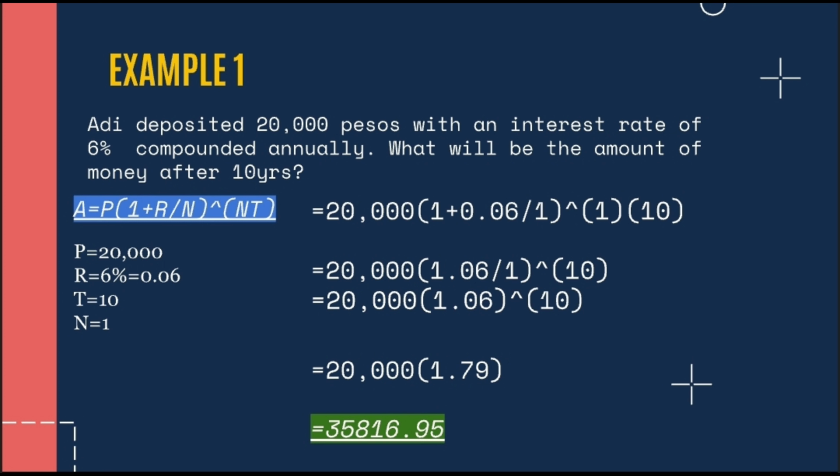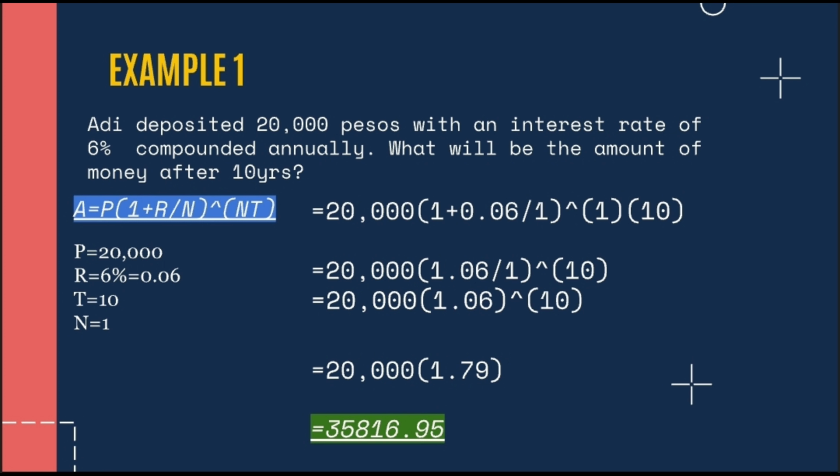Now that we know the given, let's try to solve it. Firstly, multiply the exponents, which is 1 and 10. After getting the result, add 1 to 0.06. After adding, divide 1.06 over 1, then solve 1.06 raised to 10.